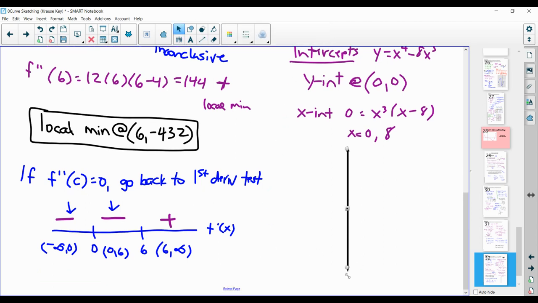Just setting up the grid here. All right, so let's label some points here and sketch what this might look like.